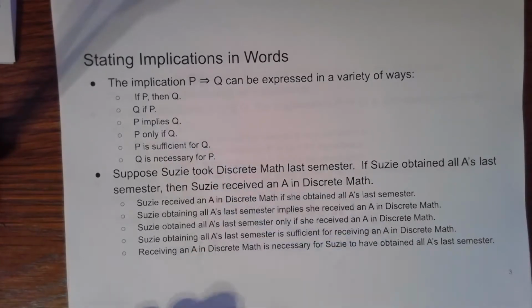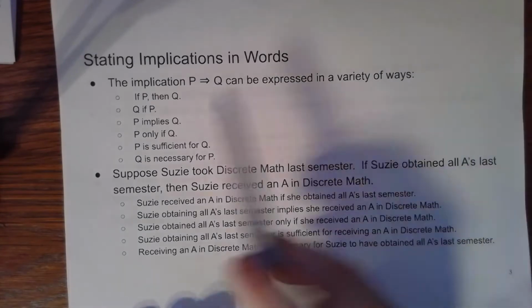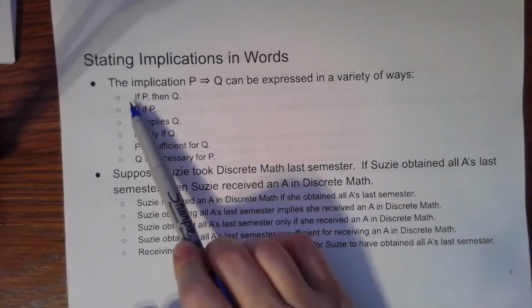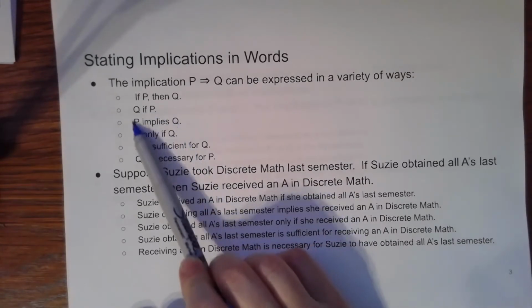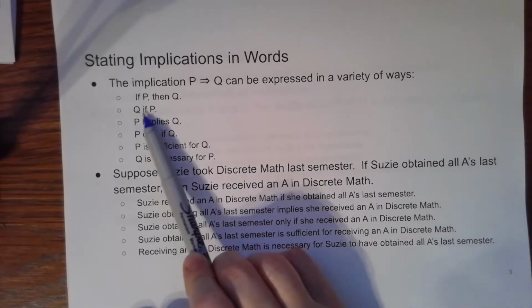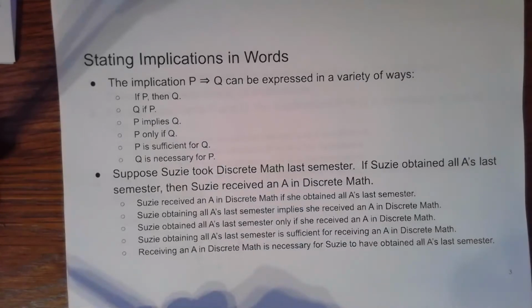We also have Q if P. Really it's just a way of rewriting this. If P, we've just omitted the word then, Q. So Q, if P. It's the same thing, just in reverse order.